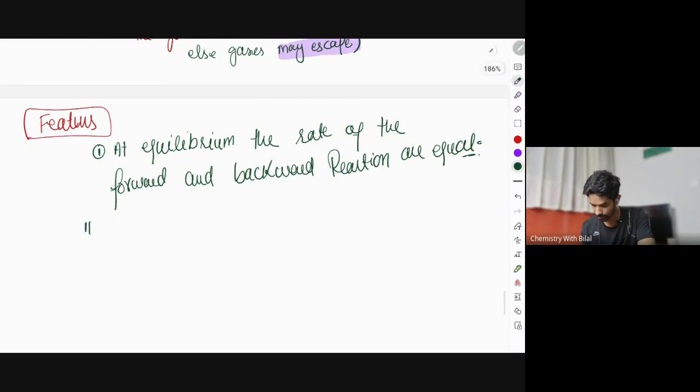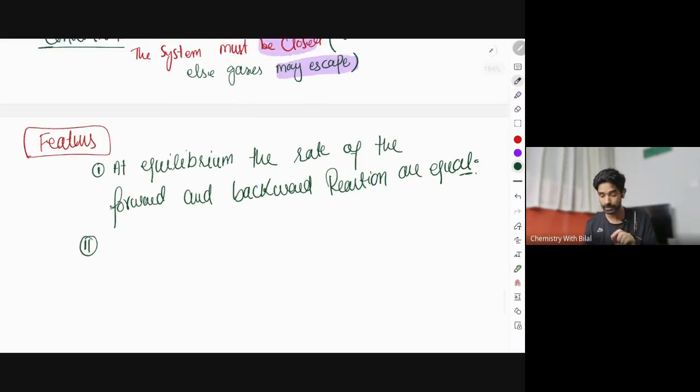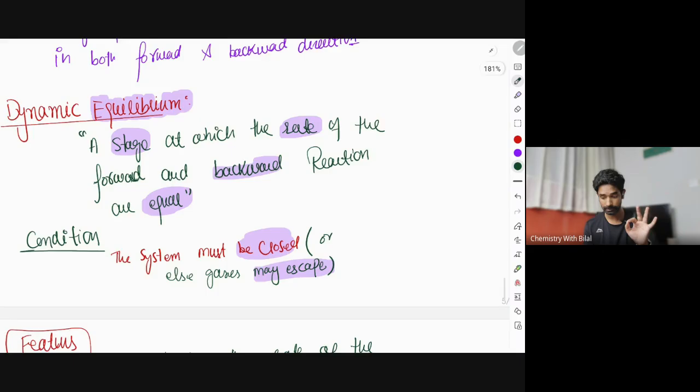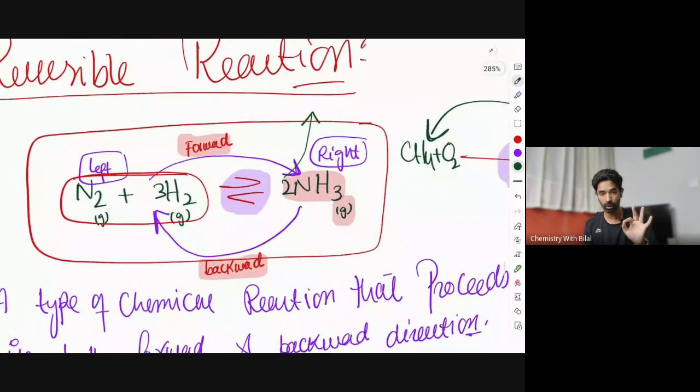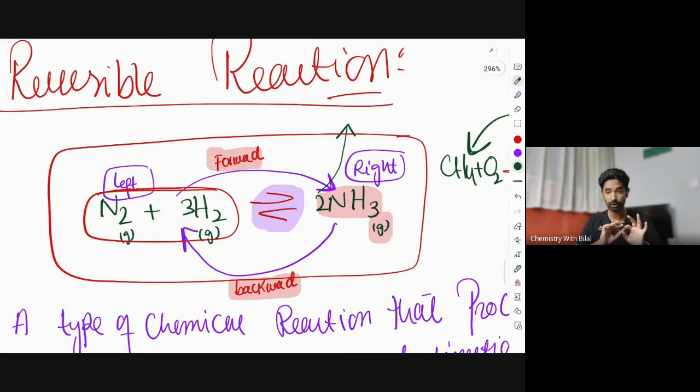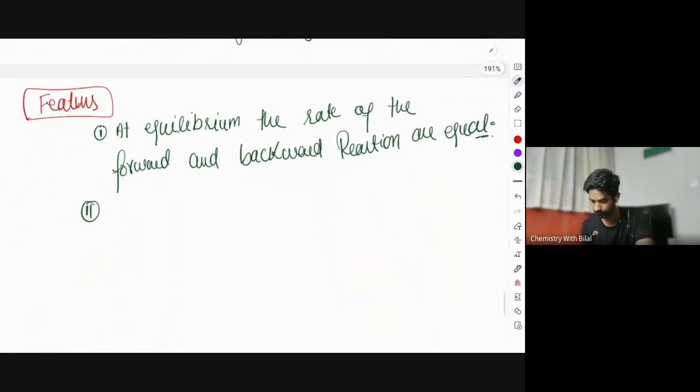The second feature is that once the reaction has achieved equilibrium, the concentration of both sides does not change. Whenever equilibrium is established, each side stays as it is, as long as the reaction is at equilibrium. The concentration of the reactants and the products does not change. So what is the second feature?